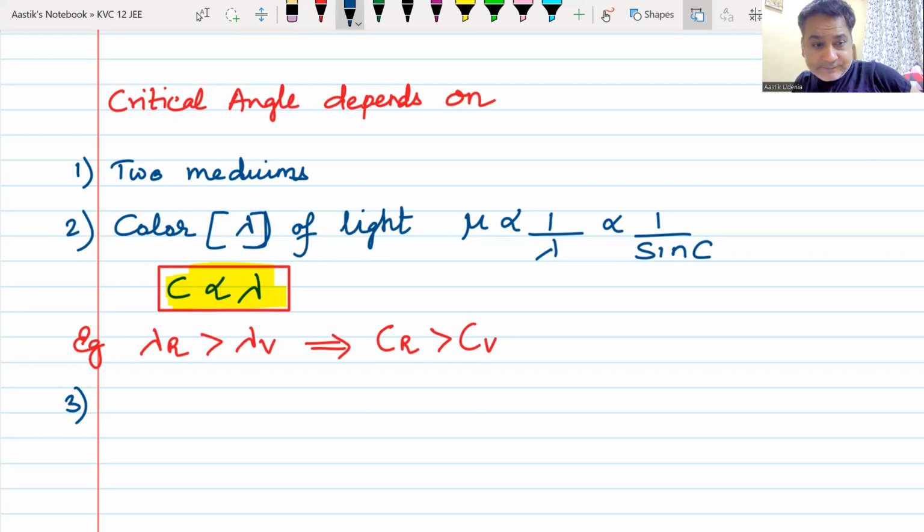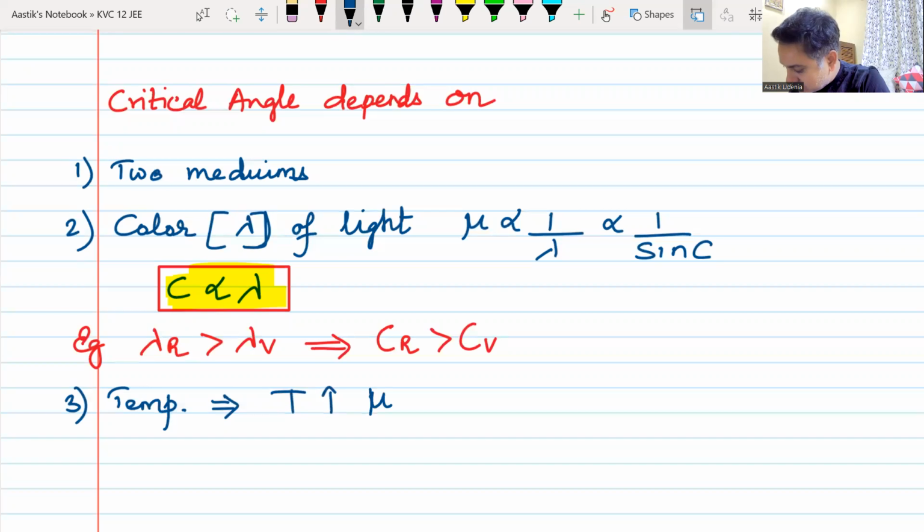What next? It depends on the temperature, and this is one thing that most of the students leave. When the temperature rises, my dear friends, the refractive index decreases, and therefore the critical angle increases.